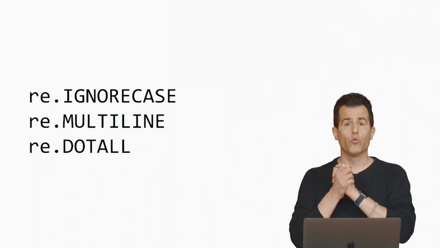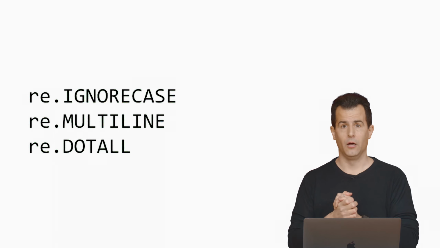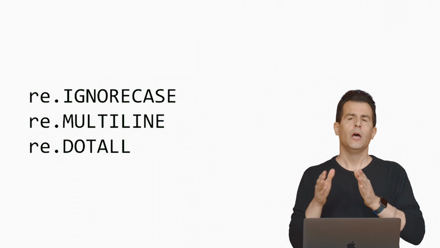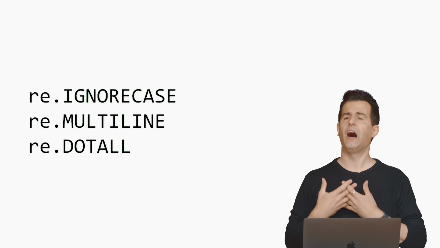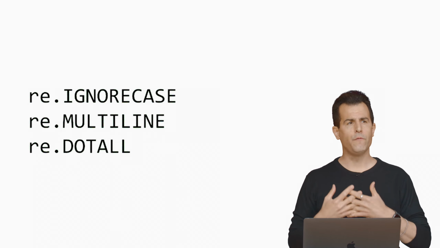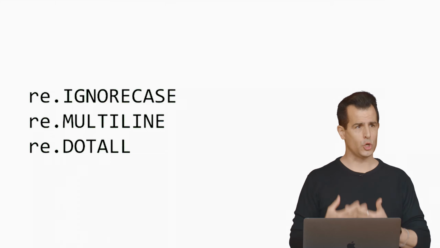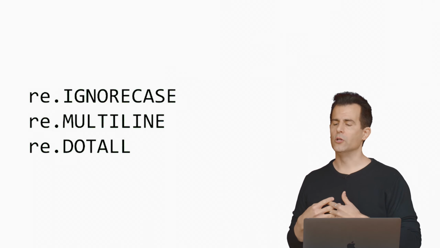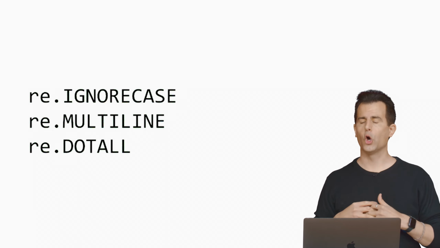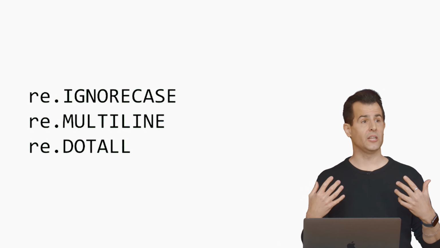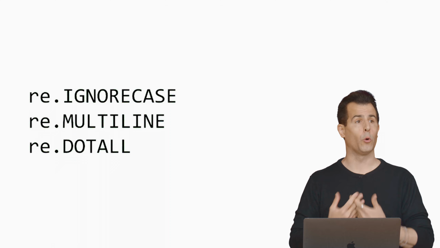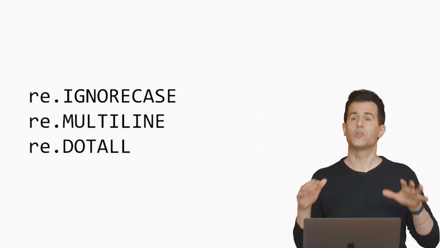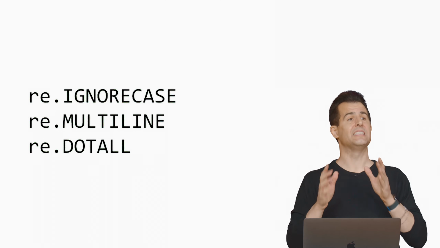It turns out that the regular expression library in Python, aka re, comes with a few built-in variables, so to speak, things that you can think of as constants that have meaning to re.search, and they do so as follows. If you pass in as a flag re.IGNORECASE, what re.search is going to do is ignore the case of the user's input. It can be uppercase, lowercase, a combination thereof. The case is going to be ignored. It will be treated case insensitively.